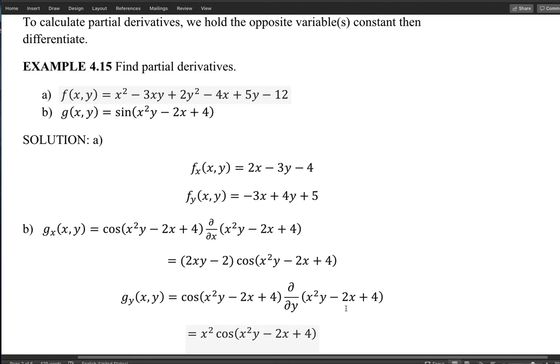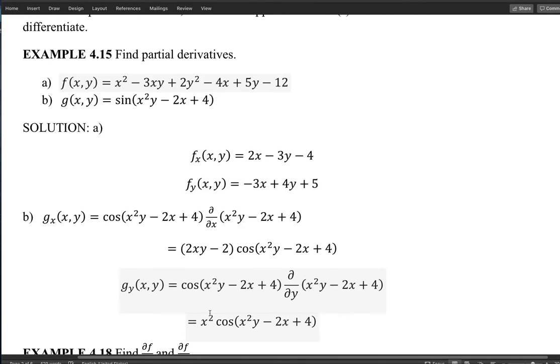And then everything about x, the entire remaining part, is a constant, so its derivative is 0. So that is g sub y. This is example 4.15, partial derivatives. The way we calculate partial derivatives, we use those old derivative rules, because partial derivatives are derivatives. That's all I'm saying.